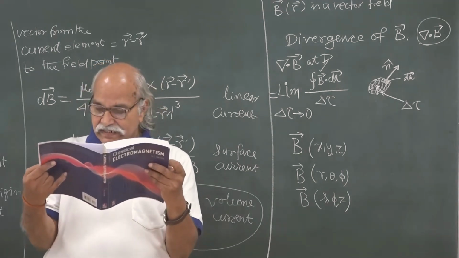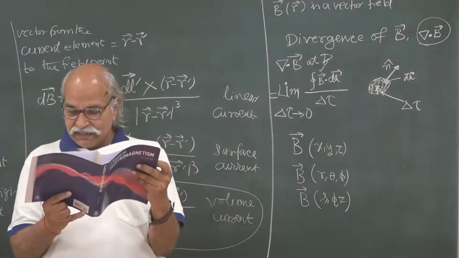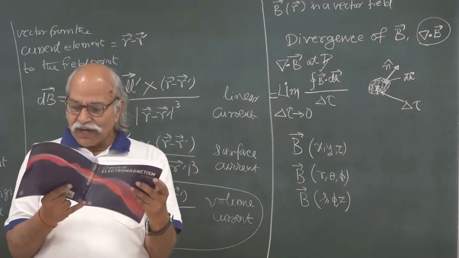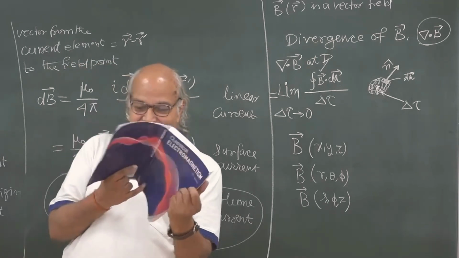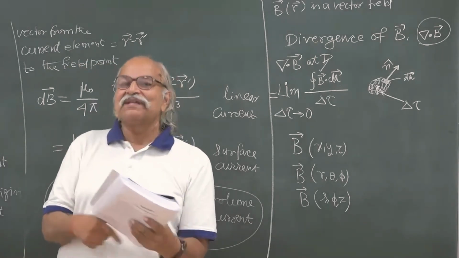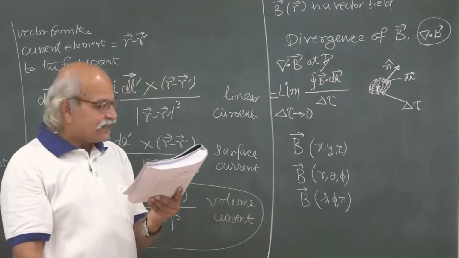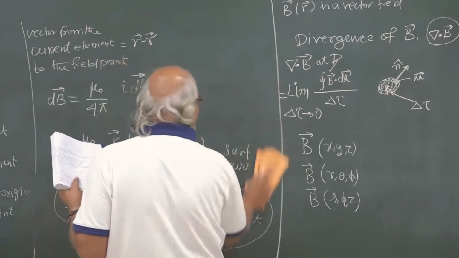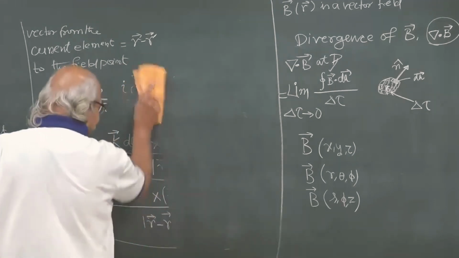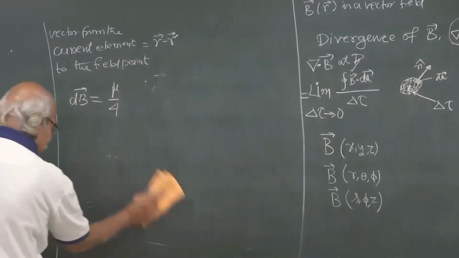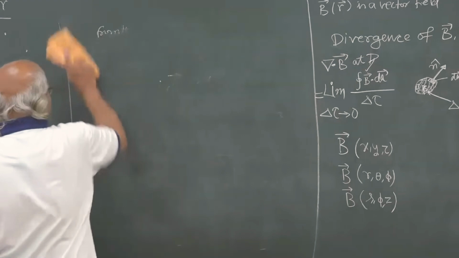And here there are expressions. Let me write this expression, though I will not be using it in this course for a very simple reason that I will be telling. Let me write it for the Cartesian coordinates, or maybe cylindrical also.